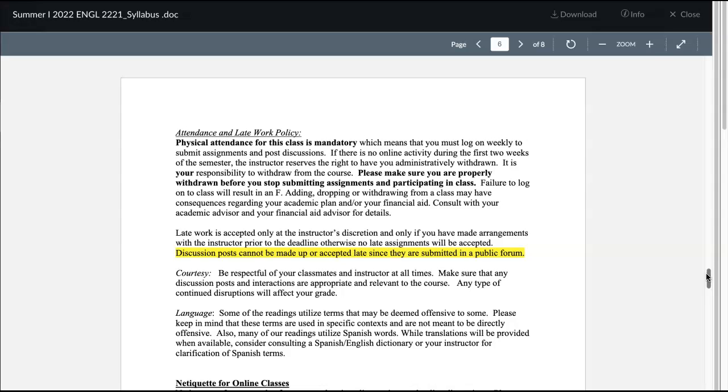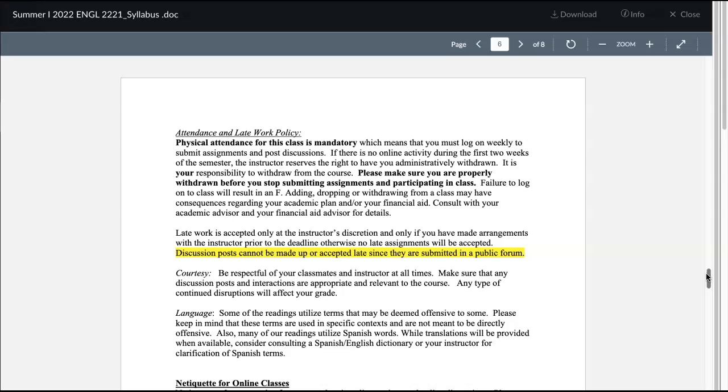But I always tell my students, we are running against the clock, right? So even if there is an emergency, I can technically only give you a certain amount of time because the semester ends, and once the semester ends, I have to submit grades, and after the semester ends, I can no longer accept late work or anything like that.